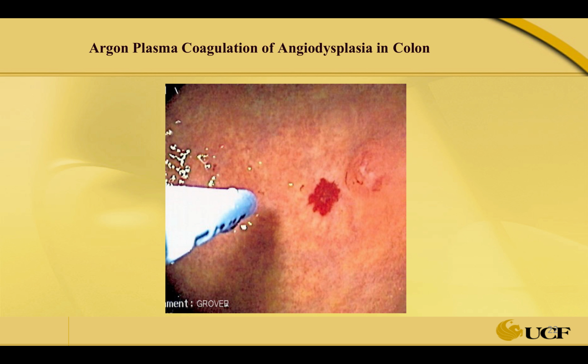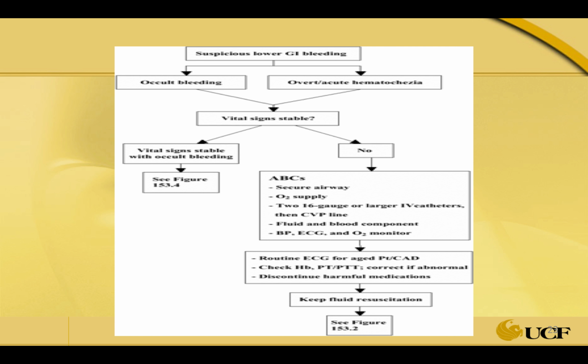Argon plasma coagulation of angiodysplasia in the colon is also used with certain effectiveness. Argon is a gas, and the insufflation of that gas in the area produces coagulation of the angiodysplasia.